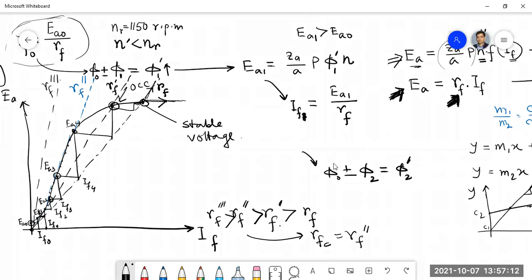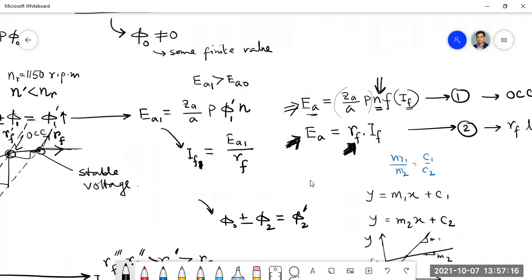See, if this were a straight line, suppose EA equals K1 times n, and n is also constant. So it was a straight line like this for rated field current.